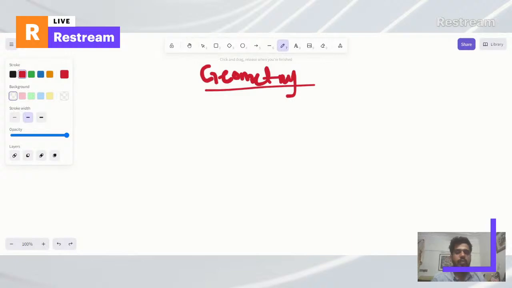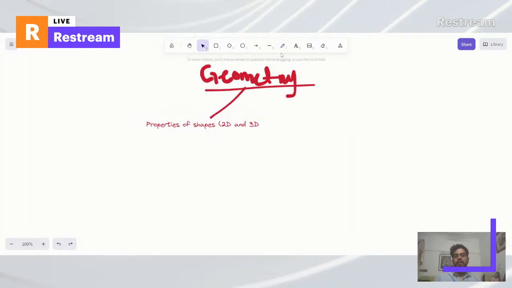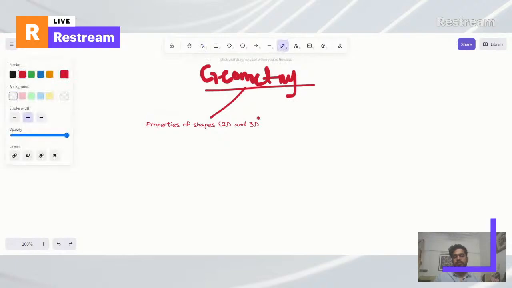So I'm gonna give you guys a brief about what we're gonna learn in this topic. First and foremost, geometry is not possible without learning about the properties of shapes, different types of shapes, right? In other words, in past papers or in some topics, this is called mensuration.